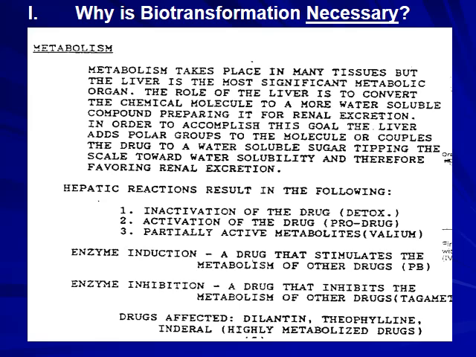If there was a low volume of distribution, usually the drug would be stuck in the watery component of the body. We talked about a drug that needs to cross into the brain, like an antidepressant or an anti-anxiety drug. Those drugs will tend to have high volume of distribution.